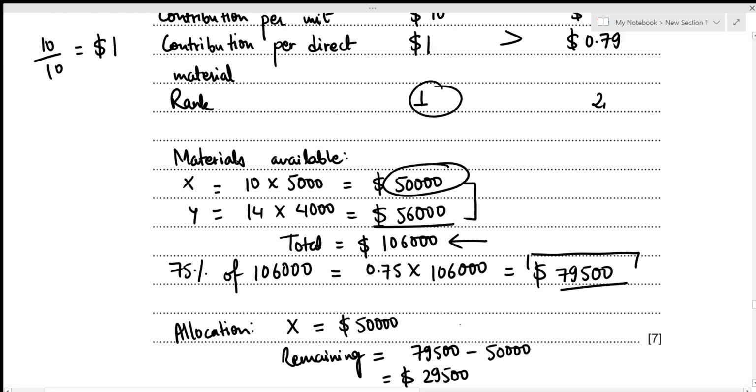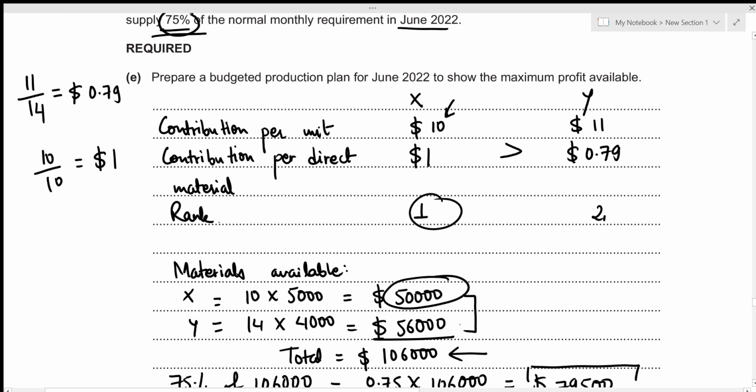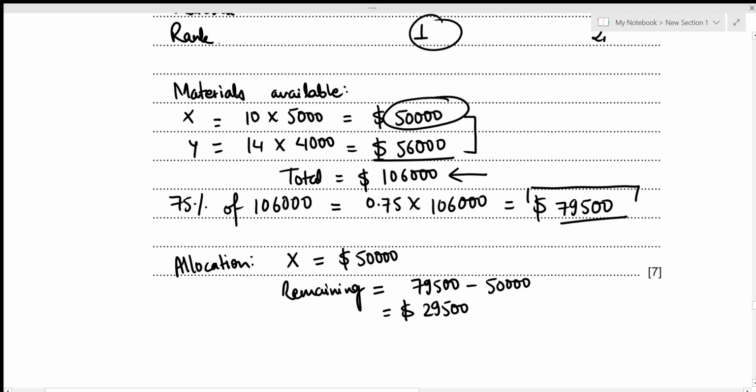Okay, now let's have a look at the question again. We need to prepare a budgeted production plan for June 2022 to show the maximum profit available. Okay. So in order to figure that out, we first need to figure out the number of units that we will be producing for both product X as well as product Y. So for product X, as we can see, we are fully providing all of the direct materials, which means that the number of units for product X is still going to remain at 5,000, right?